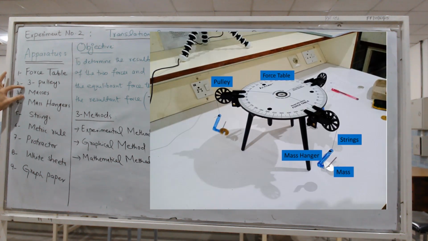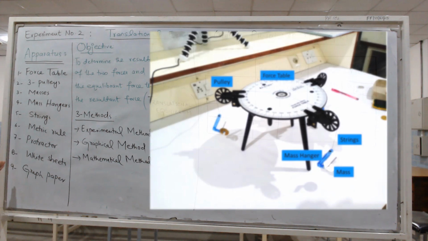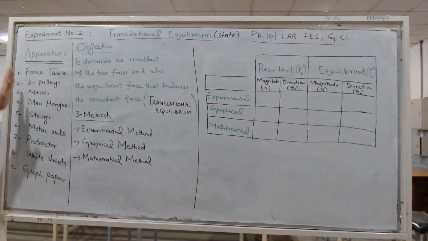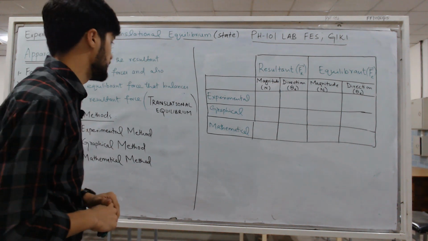We must have masses, mass hangers, strings, a metric rule, a protractor, white sheets, and also a graph paper to plot the vectors graphically. So this is the apparatus required for our experiment.